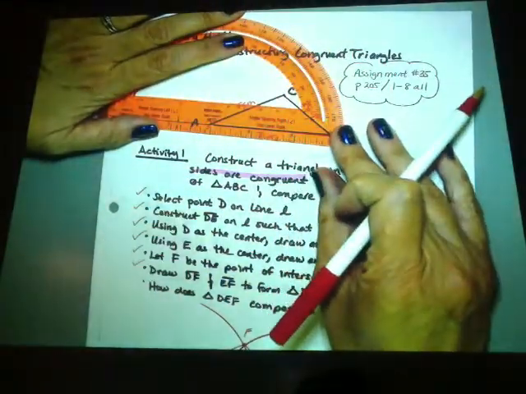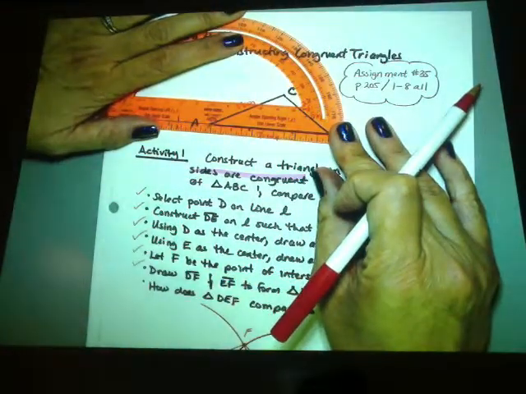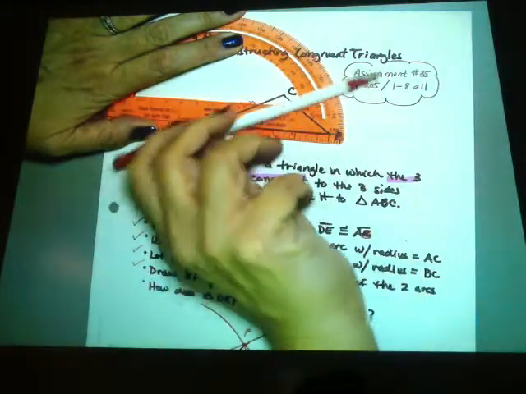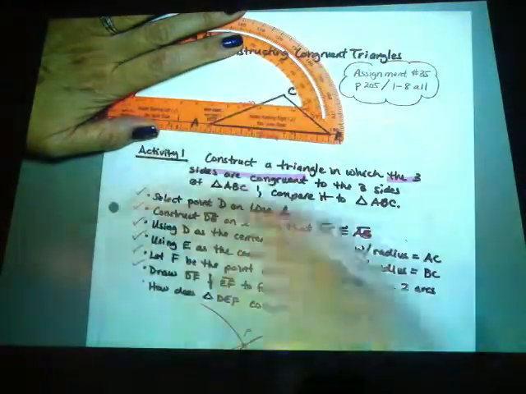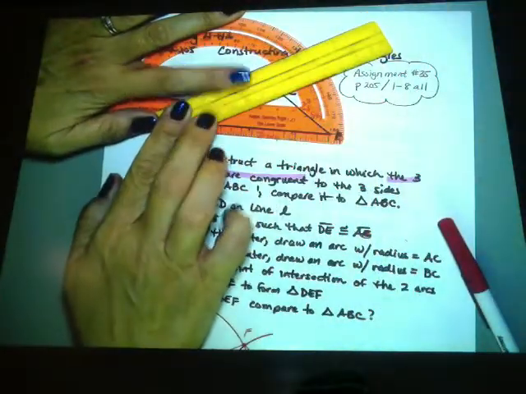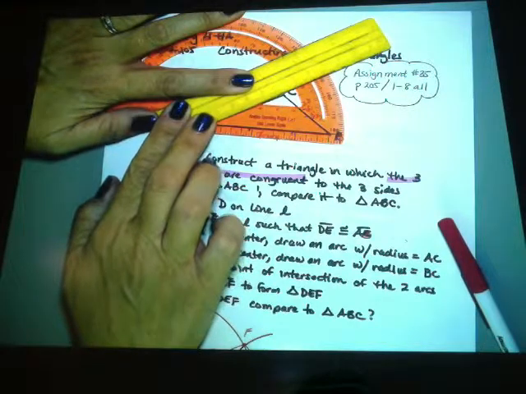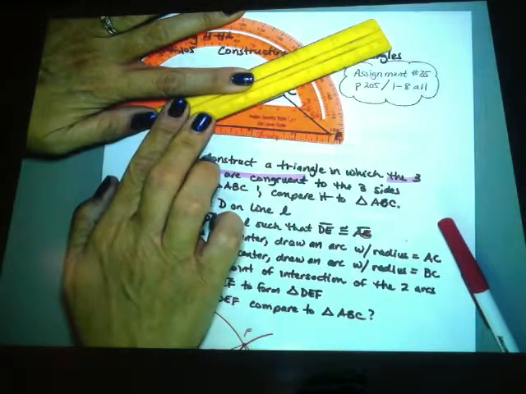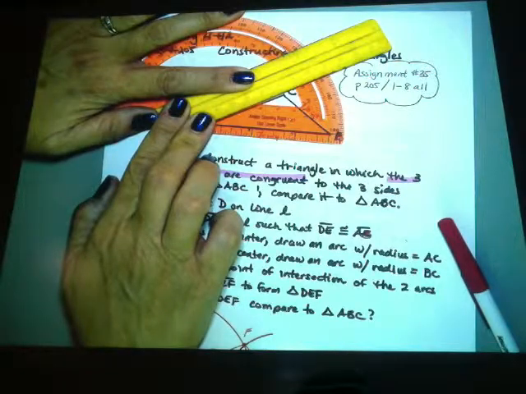And then measure this angle. If I extend this out, well, let's do it with my ruler so you can actually see. If I extend this out, isn't that also at, well, it's about 31. Am I close enough? I'm off a degree. That's close enough, right?